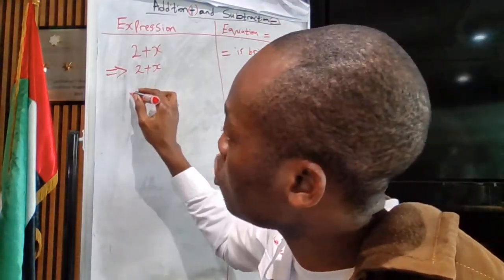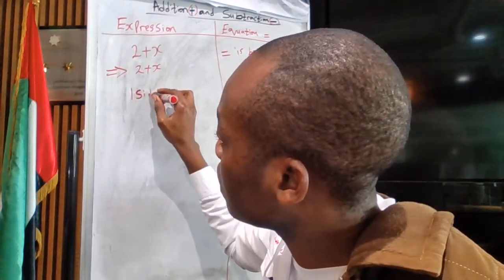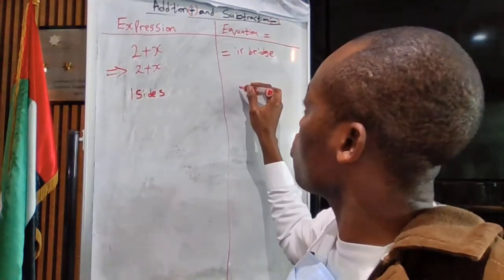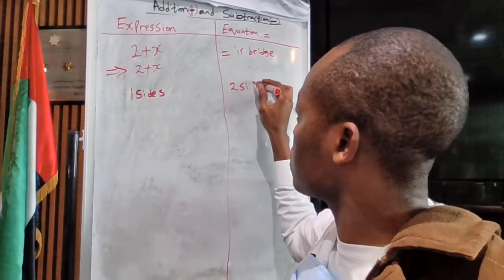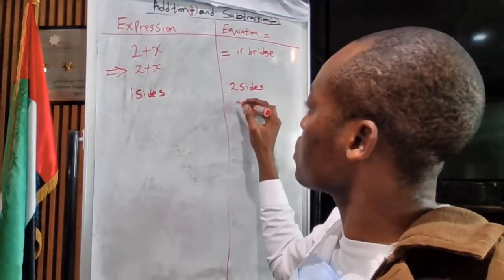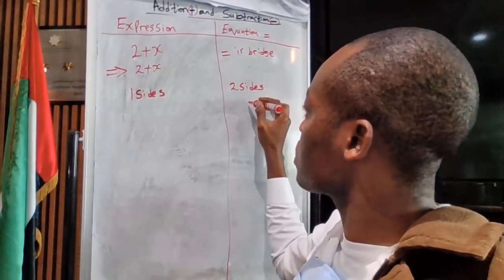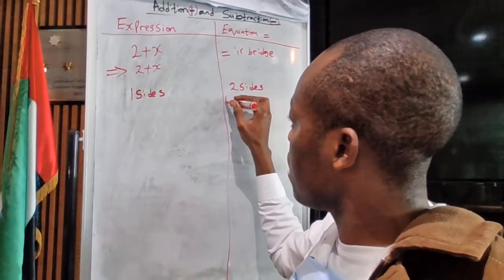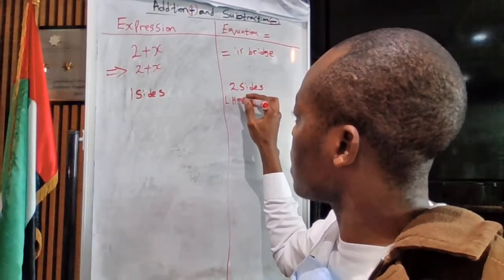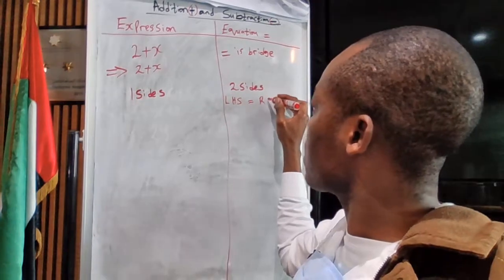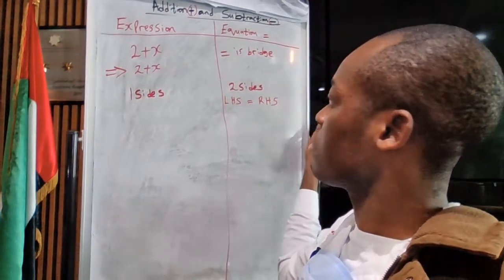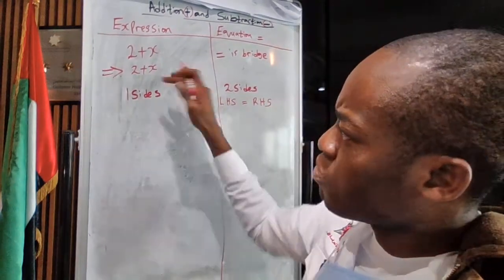That is, under expression we have one side. Under equation we always have two sides, with the equals to sign between them. That is, the left hand side equals the right hand side.